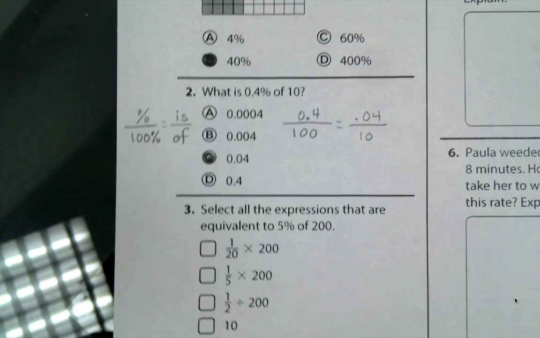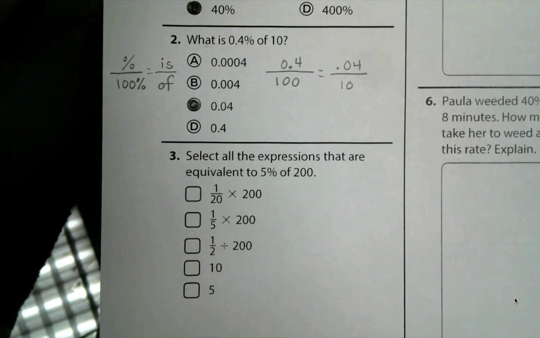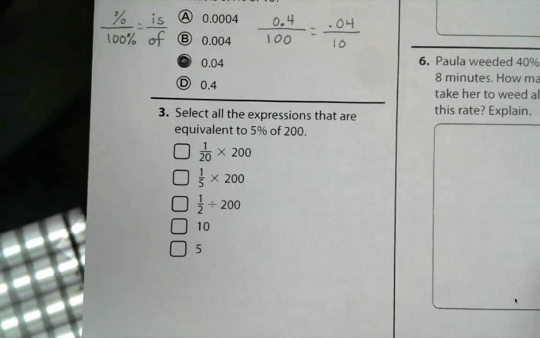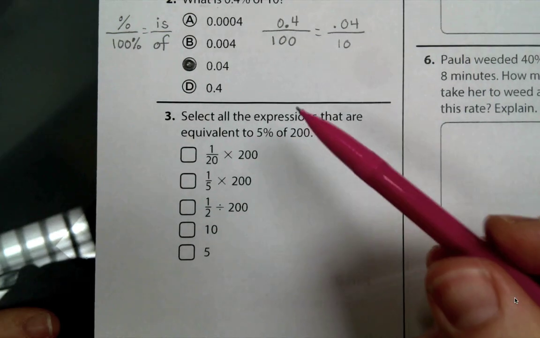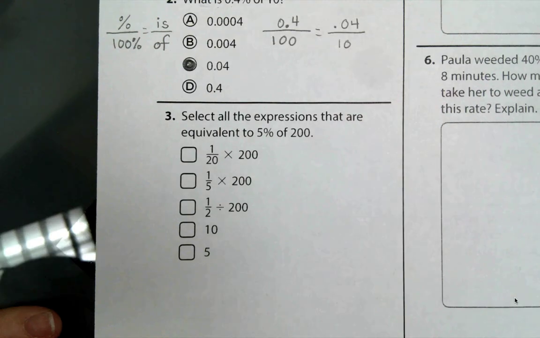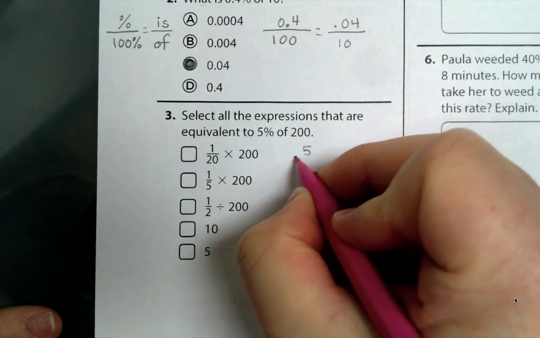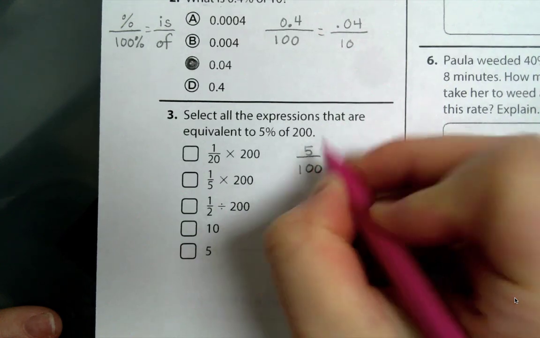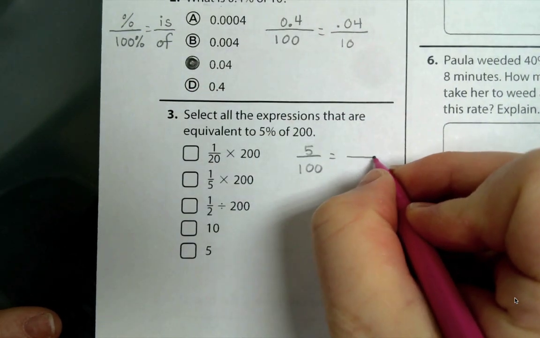Number 3 is asking you to select all the expressions that are equivalent to 5% of 200. So before we can decide any of this, we need to actually figure out what is 5% of 200. So percent over 100, using my model back up here from number 2, is equal to is over of.